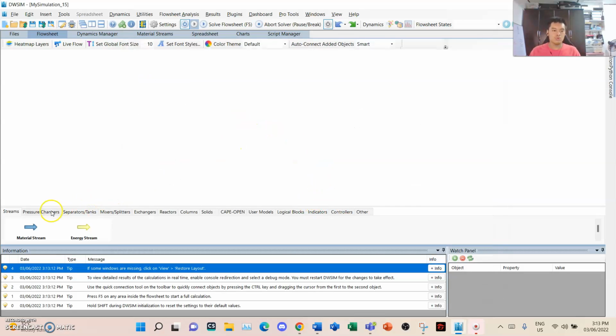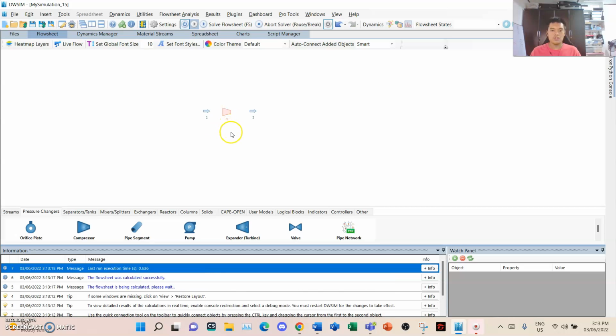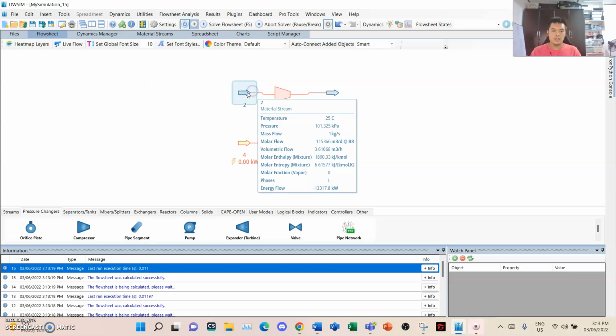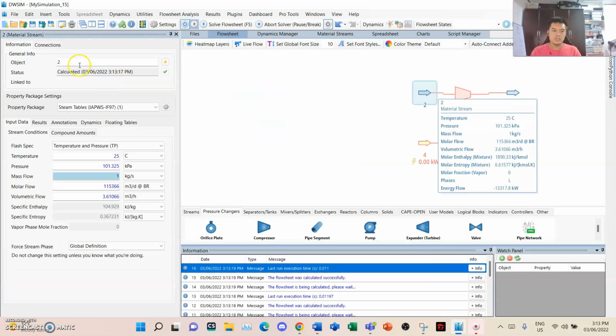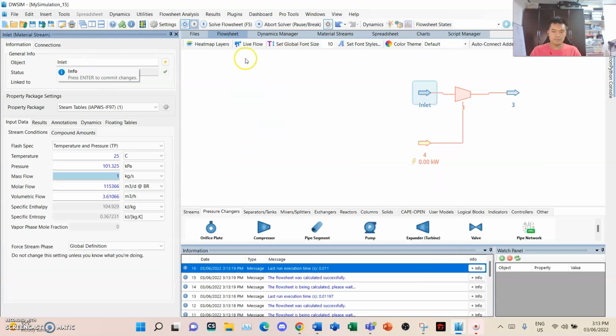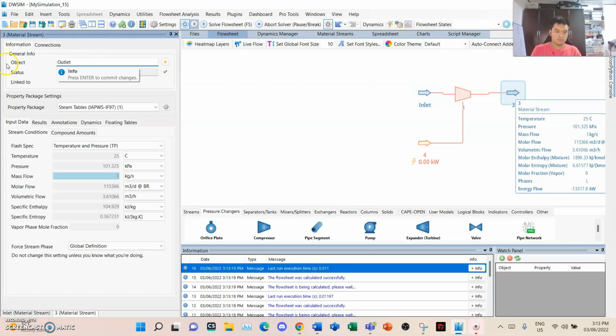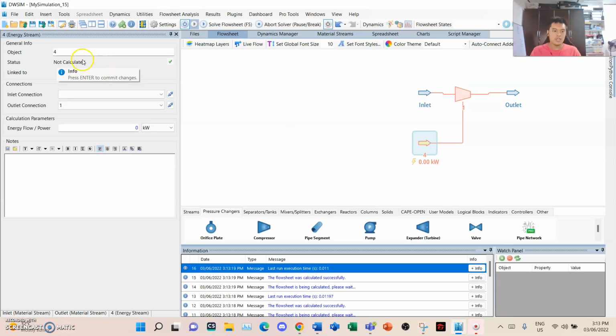Then we will go to pressure changers, compressors, and DWSIM will automatically provide the streams for us. Then let's first rename it properly. So this is the inlet stream, this is the outlet stream, and this is the energy consumed. This is the compressor, and it requires energy to operate.